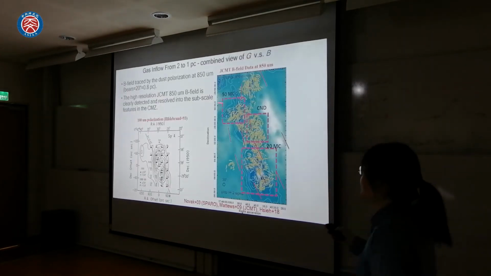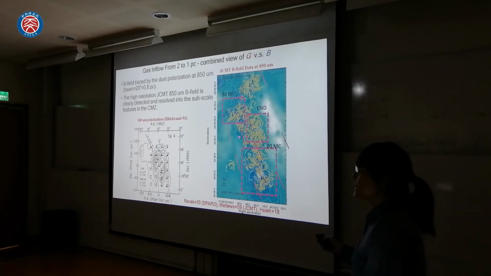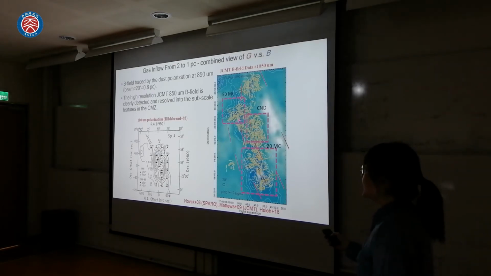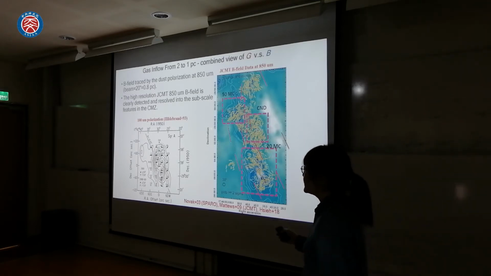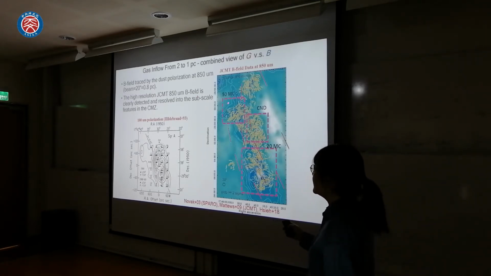So we utilize the JCMT archival data to get the data of the magnetic field, and the JCMT data has 20-arcsecond resolution and is shown by these yellow segments. So to compare with the JCMT data, we also took the 6 centimeter polarization data of the Mini-spiral, overlaid with the red segments.